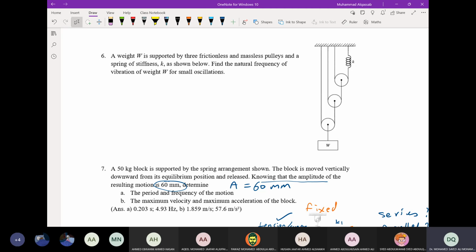Here, it is a pulley arrangement system, but there are 3 chords. This is chord number 1, which goes from the ceiling to the center point of the second pulley, right? This is one chord.